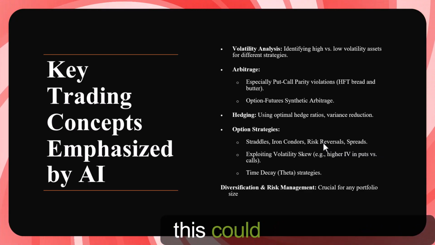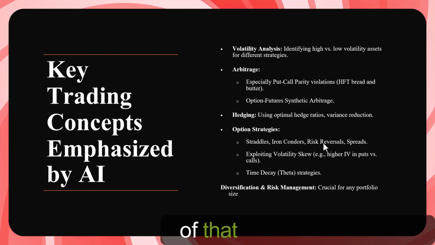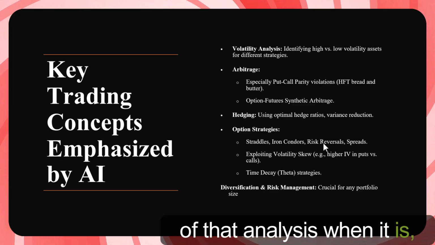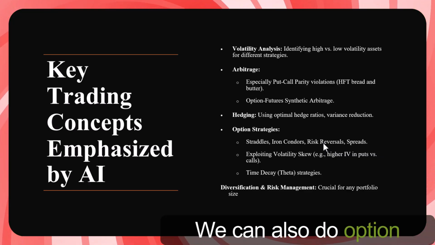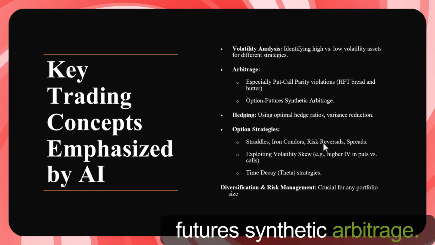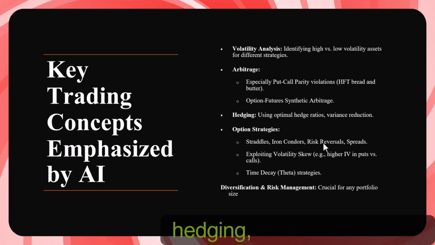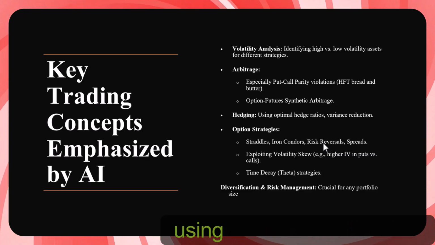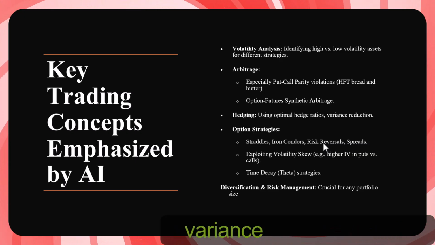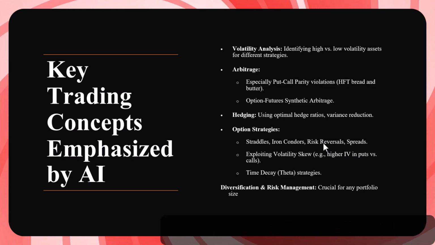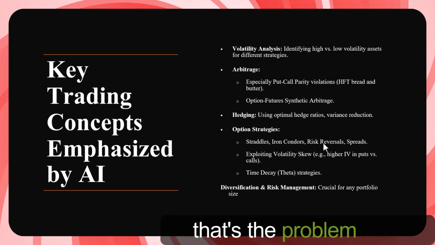And again, this is part of that analysis, which is the focus of high frequency trading shops. We could also do option future synthetic arbitrage. We could do specific hedging, using optimal hedge ratios, and also be able to reduce the variance as well. That is like, that's golden right there.